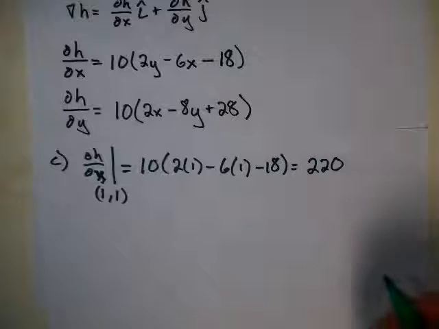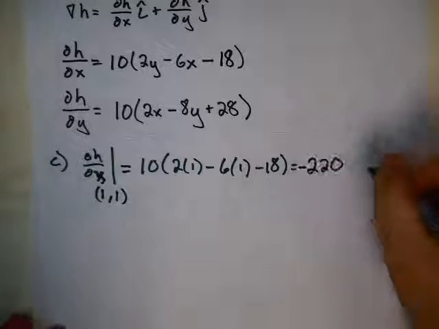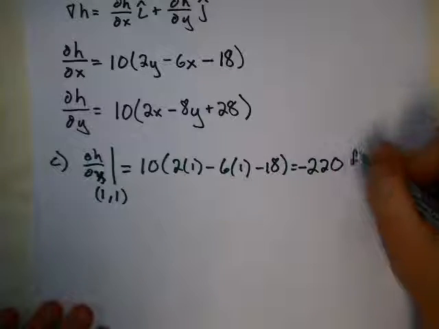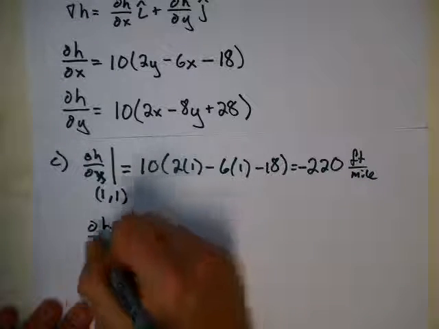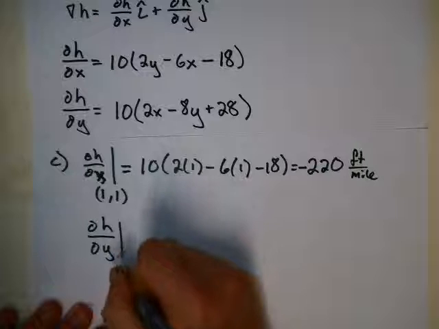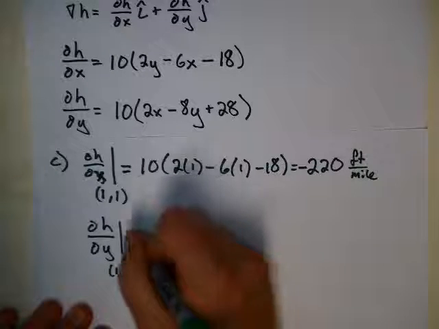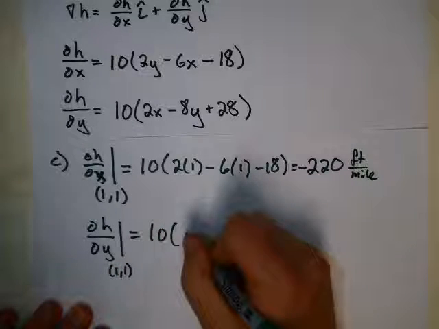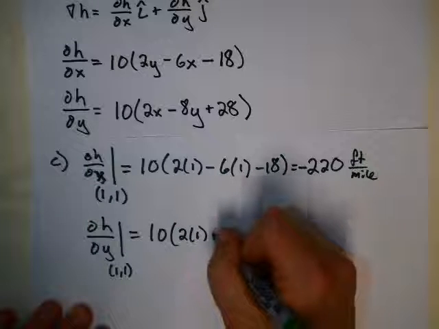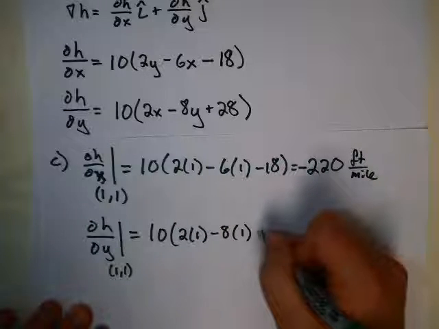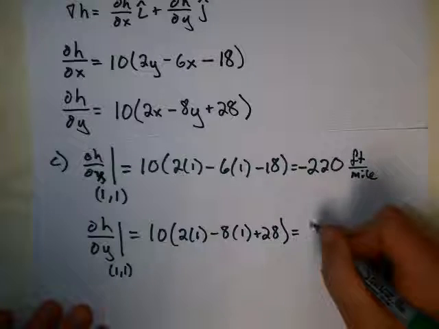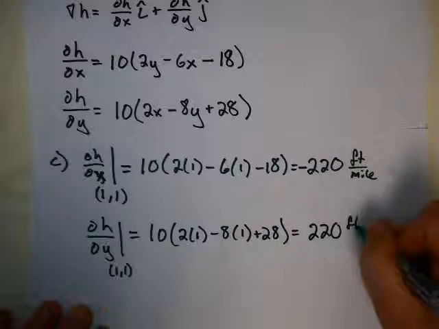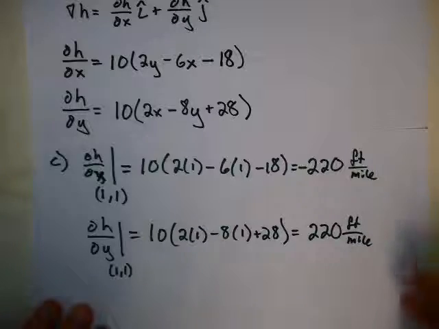And the units here are feet per mile. Ten times 2 minus 8 plus 28, which is going to be positive 220 feet per mile.